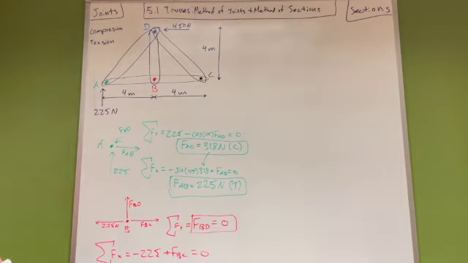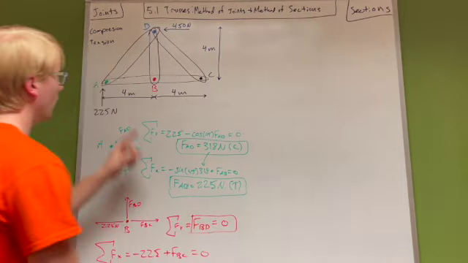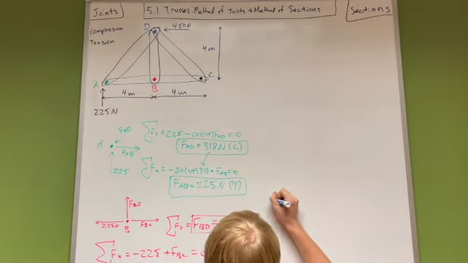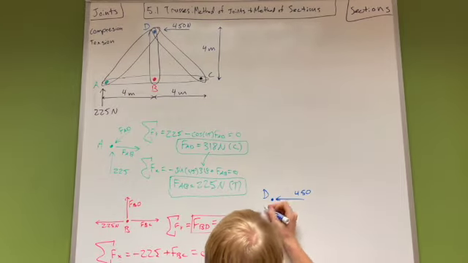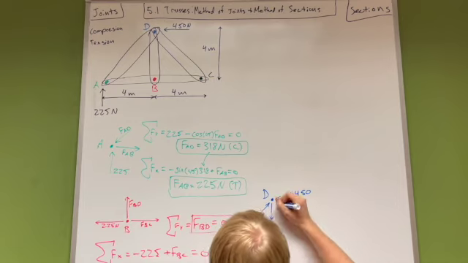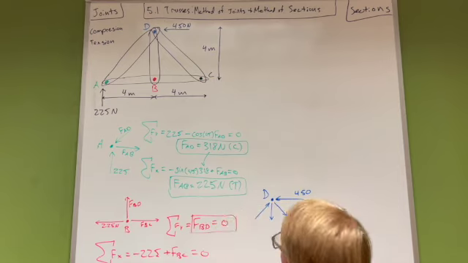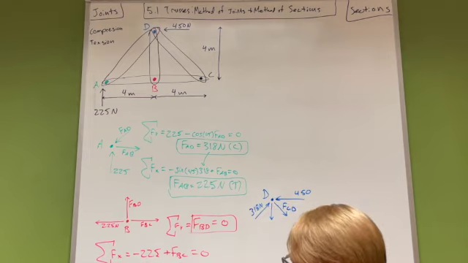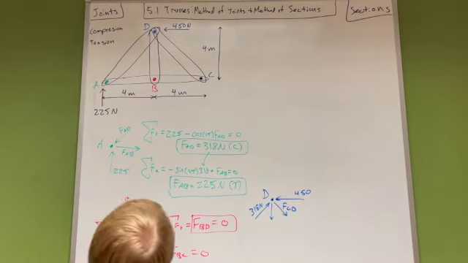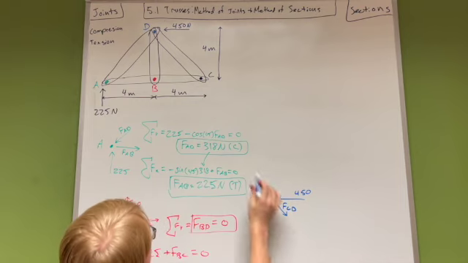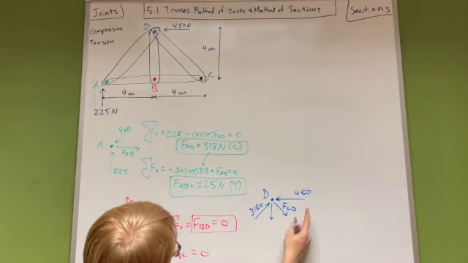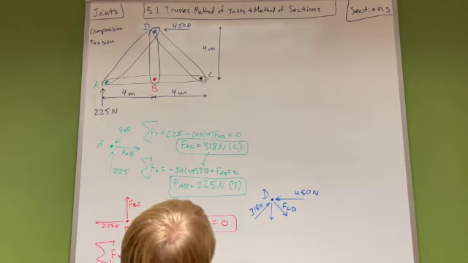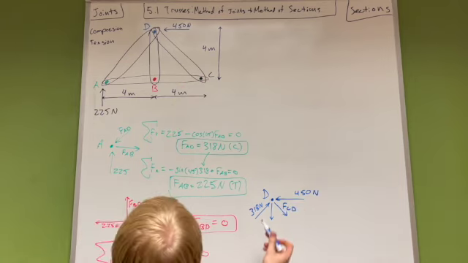And the way that we're going to do that, we're going to draw the free body diagram of D. Okay, so what I just did, I drew the free body diagram of point D. This is the 450 newtons acting on point D to the left.